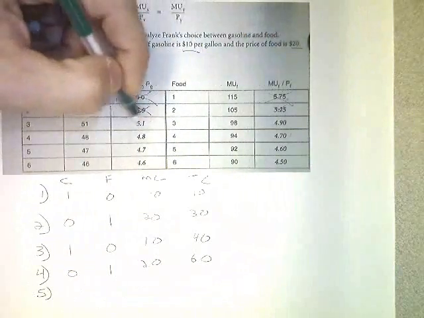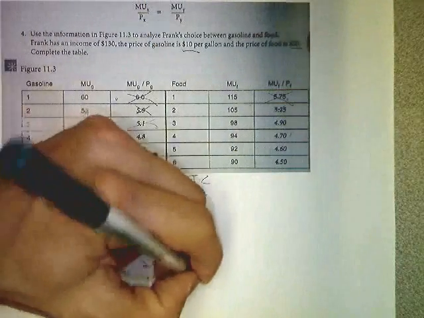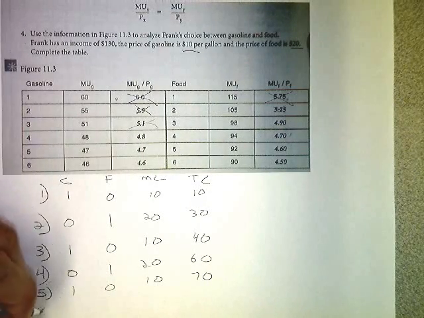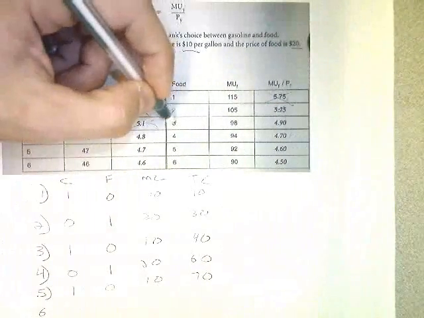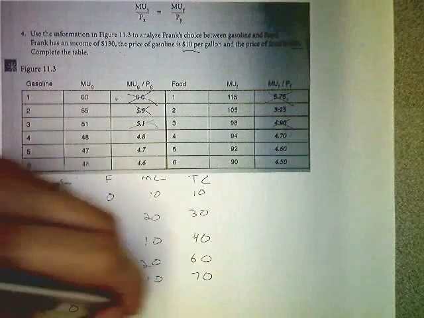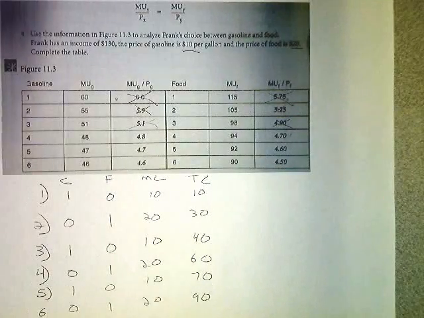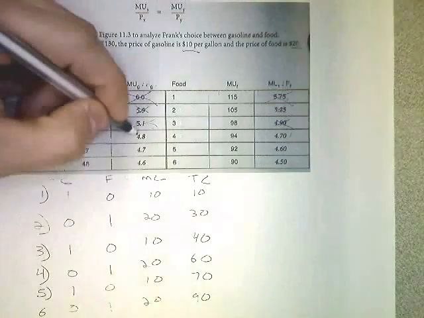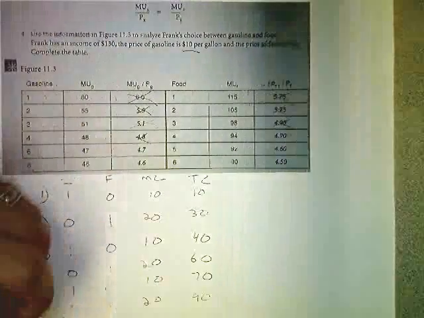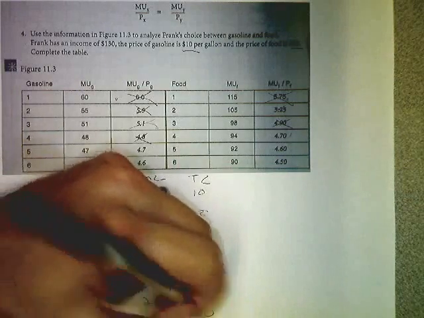He buys the third unit of gas because that's higher, spends the $10, now has a total of $70. For his 6th decision, he buys food because, again, higher marginal utility per dollar, so that's going to cost him $20. He's up to $90. Next decision, gasoline again, because 4.8 is higher than 4.7. And he's up to 100.